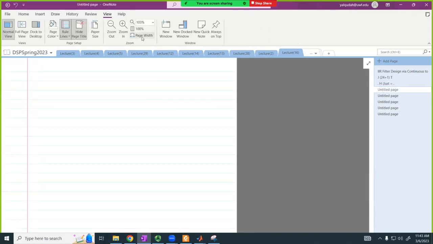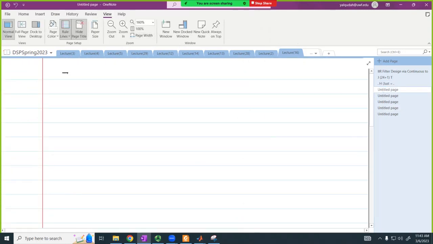So let's say we're going to determine H of S for a low-pass filter to meet the following specifications.